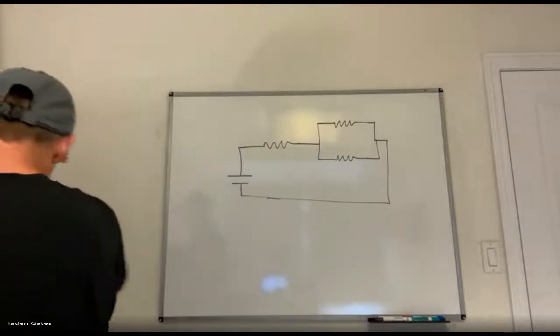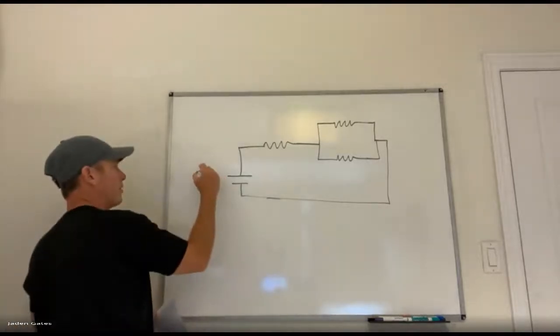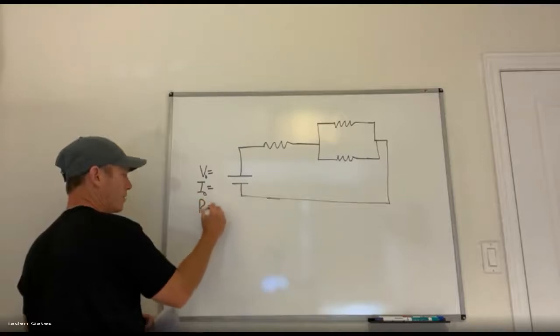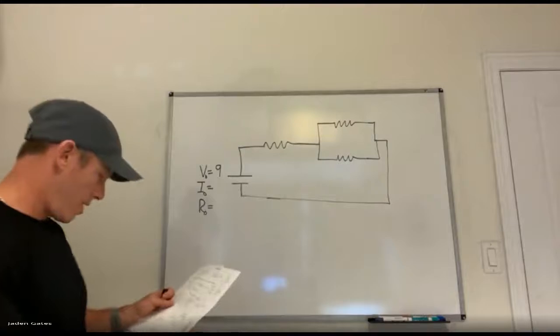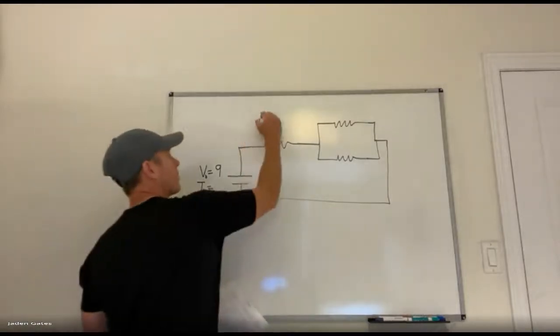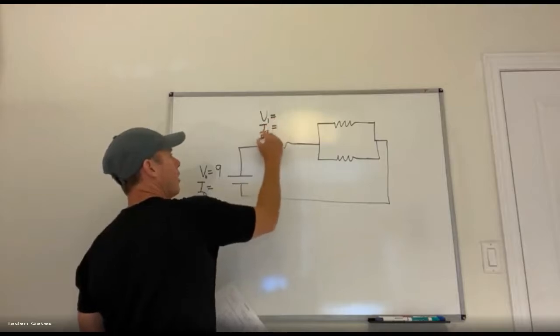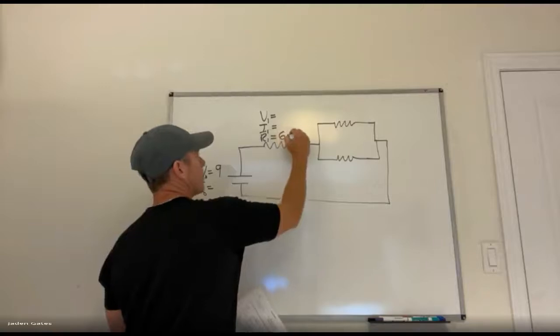All right, now the information given here. First off, I'm going to go VO, IO, RO. We're going to figure everything out. For this source, we know it's a 9-volt source. We have our first resistor up here, so it's V1, I1, R1. And what do we know about just the resistance? 6 ohms.